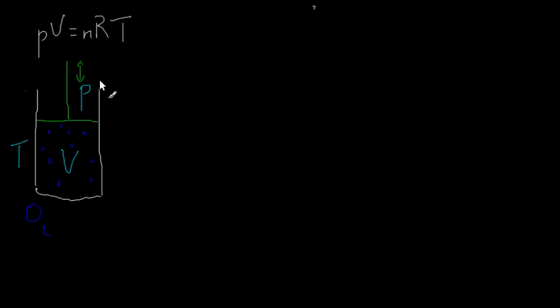How might I fix pressure? Well, in a very simple setup, I can just put a block of wood there to apply some pressure, and I just leave it there. I don't change the block of wood, so the pressure is not going to change. It's just going to be a fixed pressure.